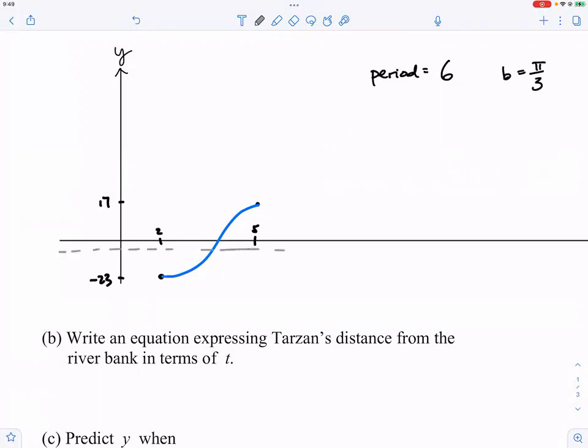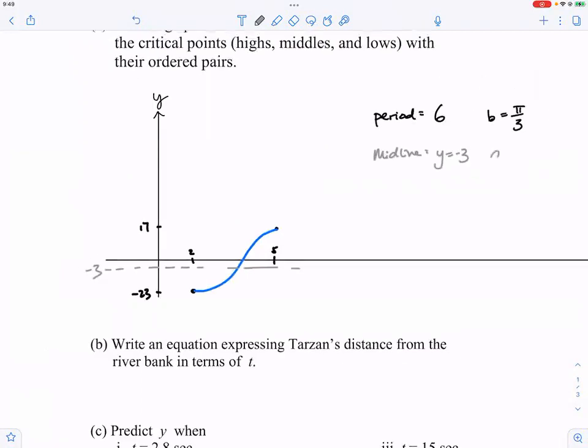The way I'm going to use is to add these 2 numbers together, which gives me -6, and divide by 2, that gives me -3. Okay, so I know that my midline is going to be y equals -3. Also meaning that my d value is -3, shifted down 3 units.